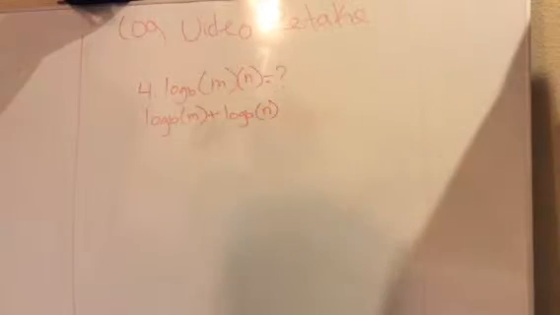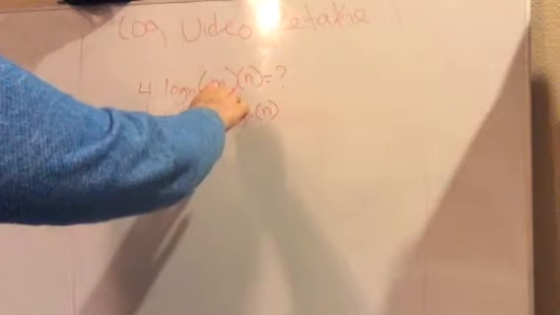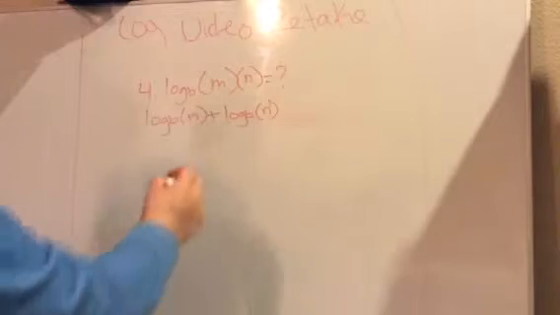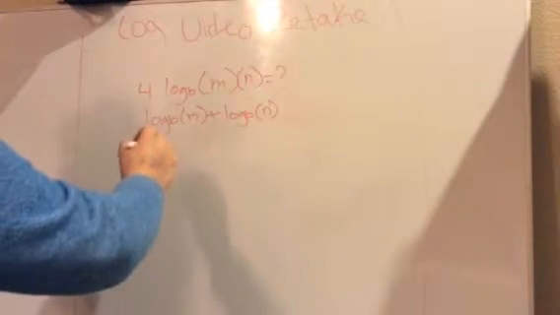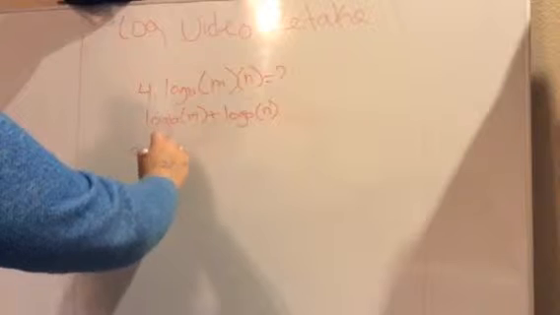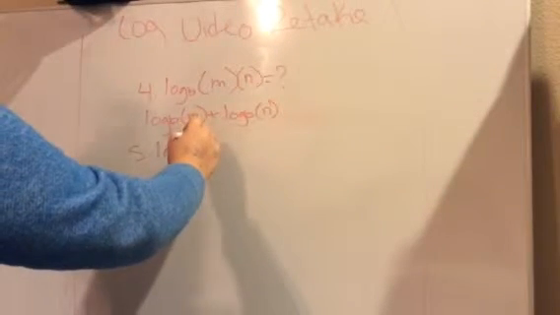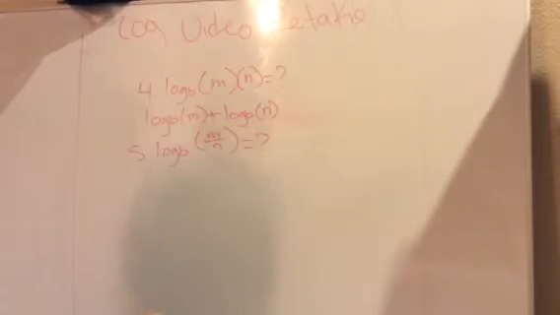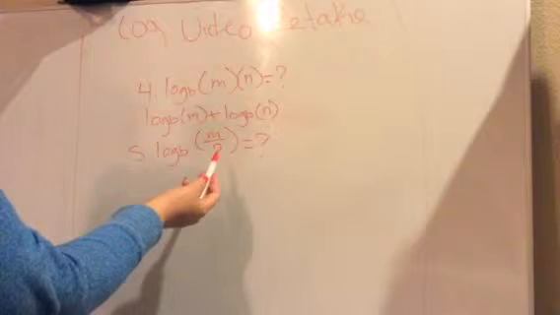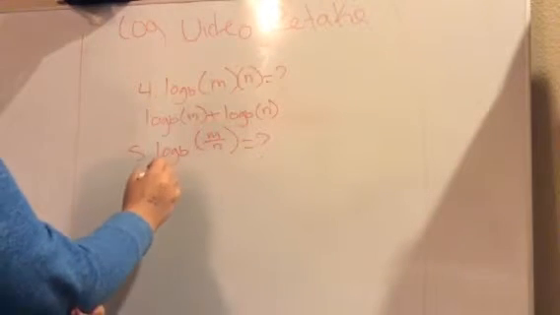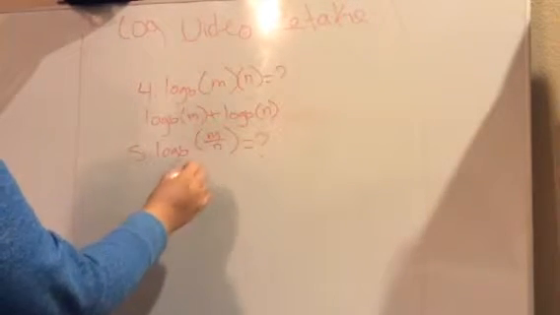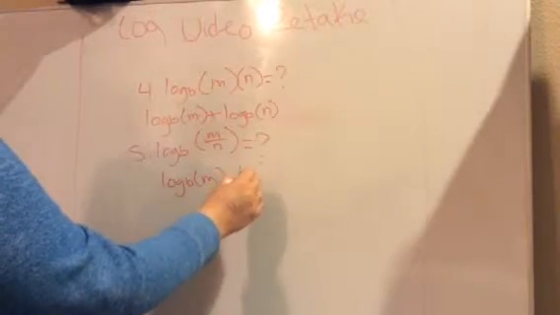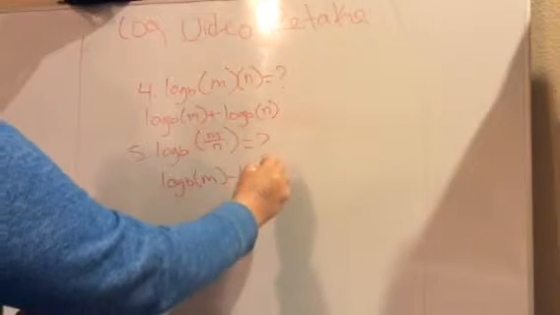So with multiplication, it would be addition. So then the same goes for number 5. So 5 is log b of m over n equals what? So for this one, since it's division, you would do subtraction. So it would be log b m minus log b n.